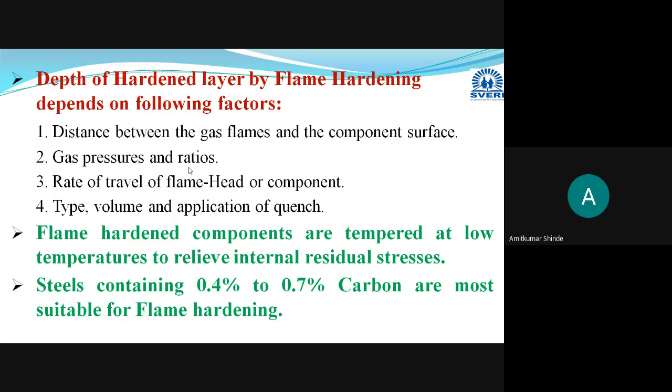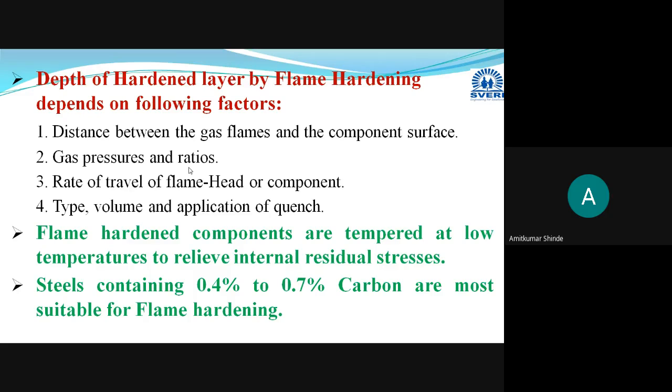Now another important point is that at the end of the flame hardening, as we are heating the component above the upper critical temperature, that is A3 or Acm, above 900 degrees Celsius, and directly quenching it with water, some internal stresses will get created in the component.